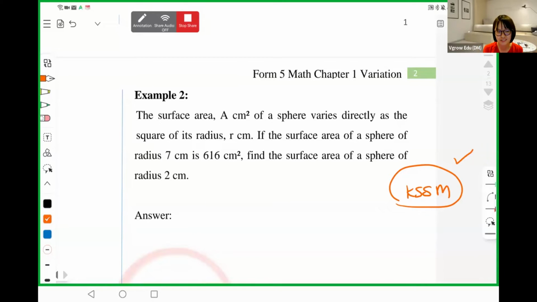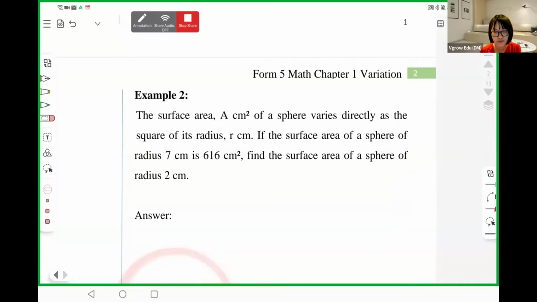It's actually the same thing. But not to worry, I will cover all the theory part later. For the KSSM syllabus, you must really understand all the definitions.